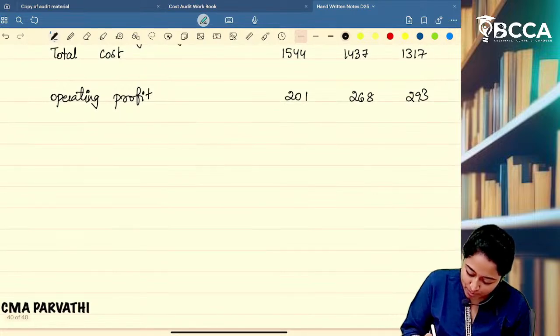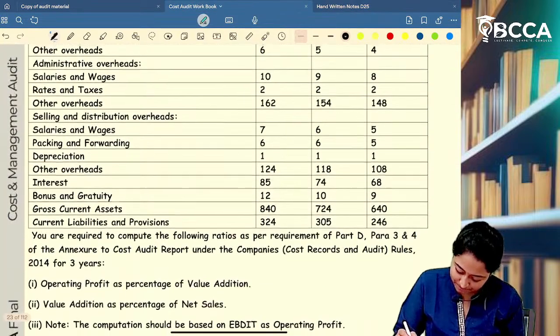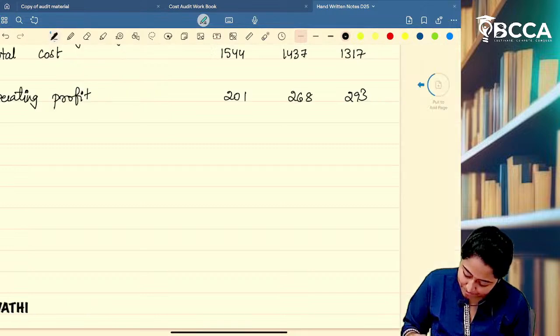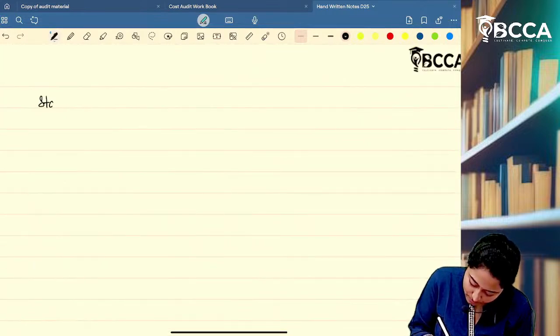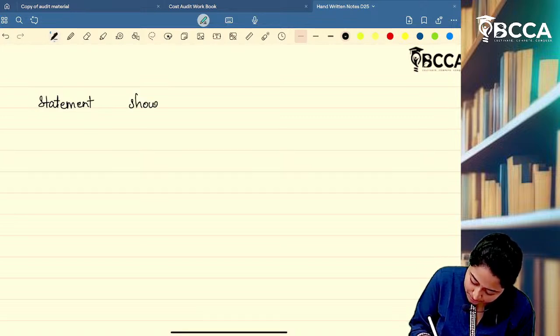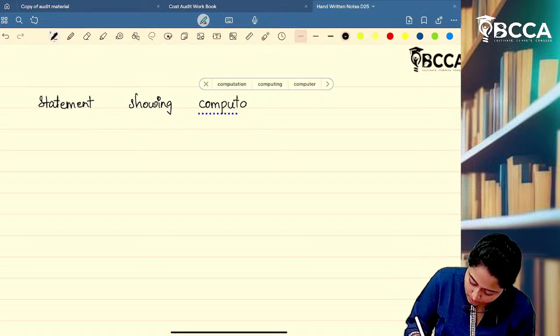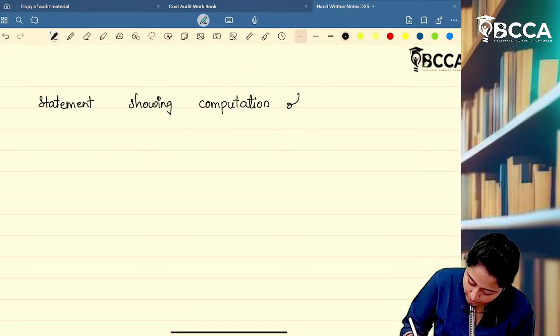Now, your value addition. Statement showing computation of value addition.